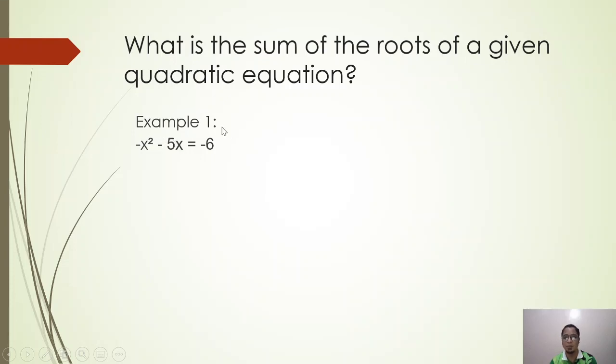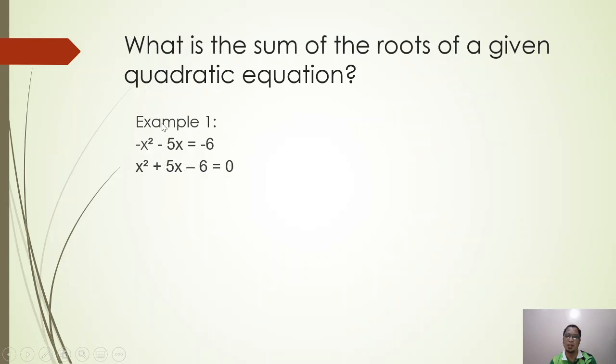Pag nailipat mo na, kagaya nung nabanggit ko nung nakaraan, basta tumawid sa equal sign, mababago lahat yung sign niya. Magiging positive, magiging positive. And then, yung hindi naman lilipat or tatawid ng equal sign, mananatili yung taglay niyang sign.